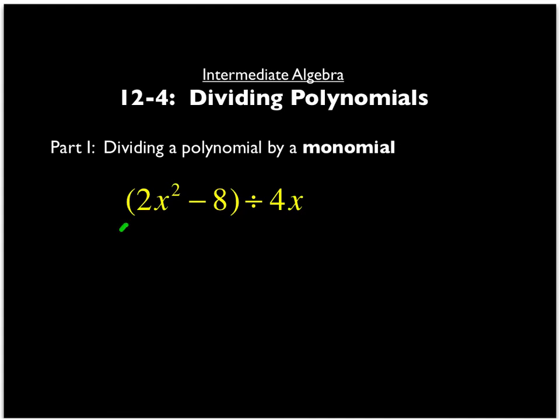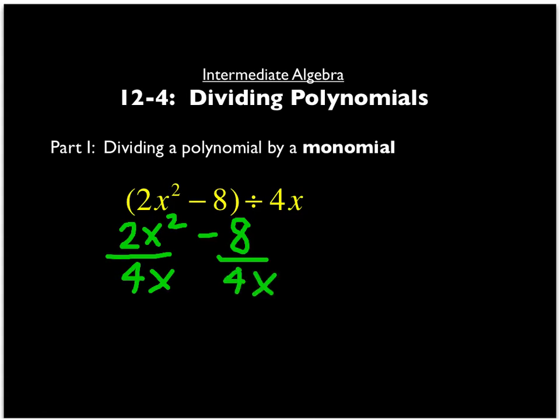So really what this will end up to be is 2x squared minus 8, and then I'm going to divide each of these by that 4x. So I really have two different fractions here, and then maybe I can do some reducing or canceling. Notice in this case 2 goes into 4 twice, and x will go into x squared.